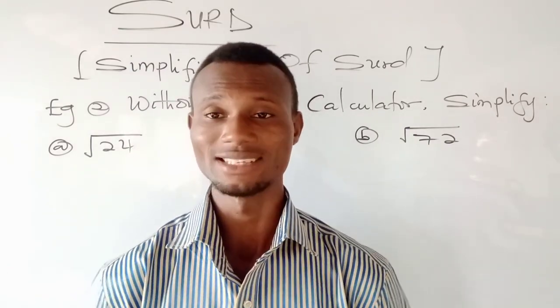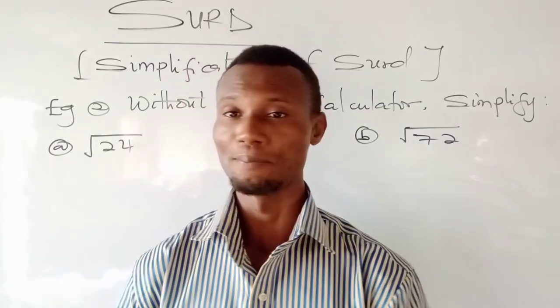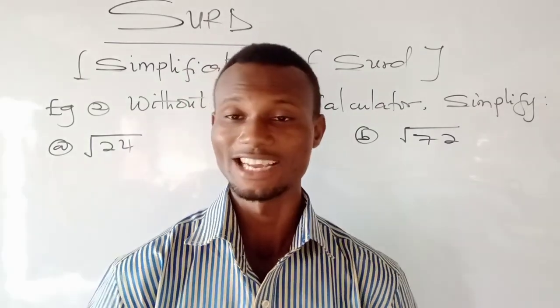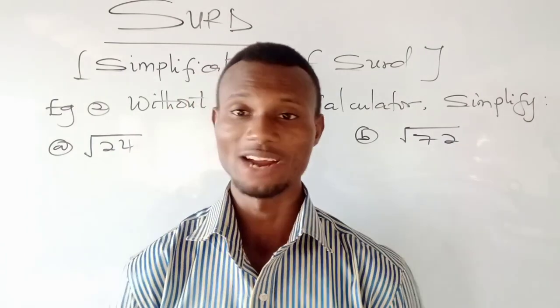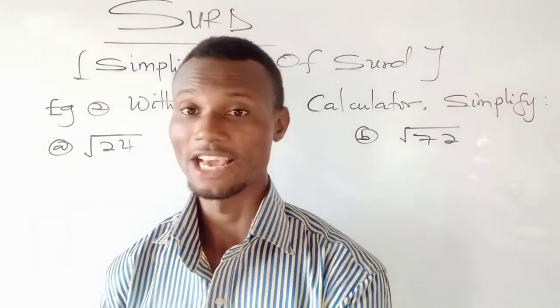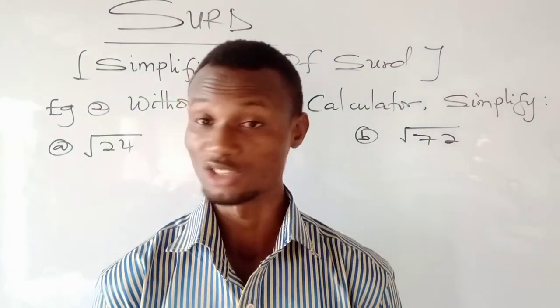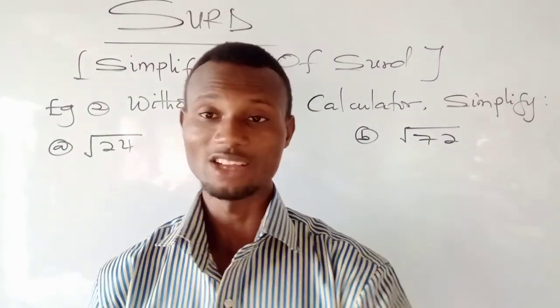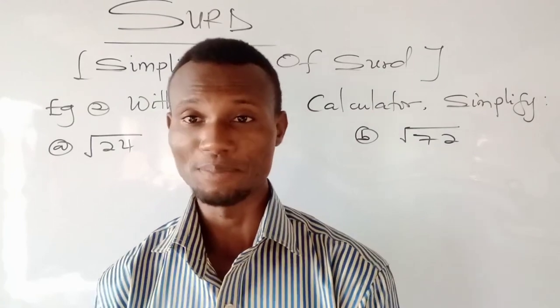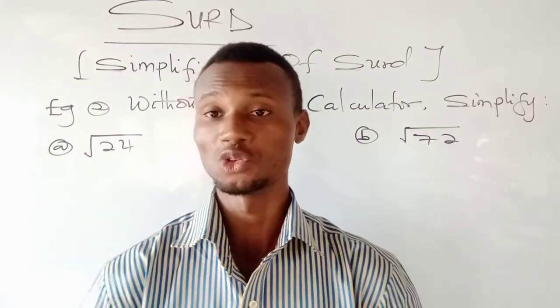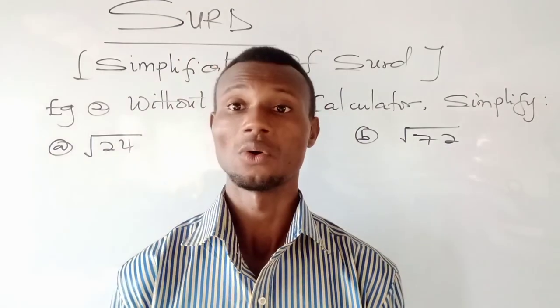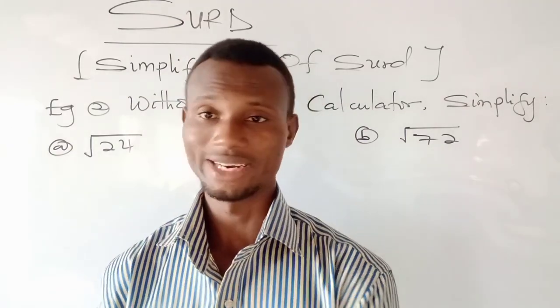I've done that in the first video: the basic knowledge and understanding that you need to handle simplification of set. Without your knowledge of what a perfect square is, you cannot handle the simplification of set. I've also explained what set is, all in the first video.